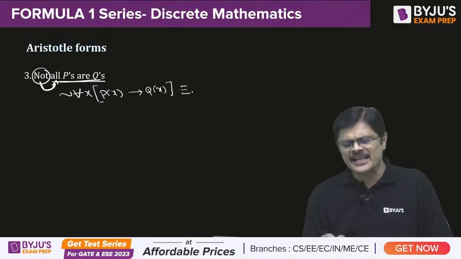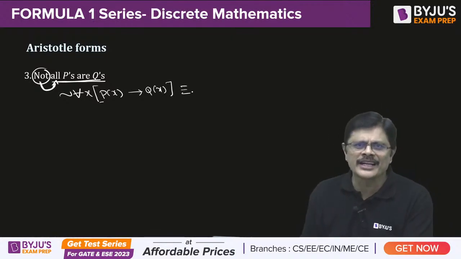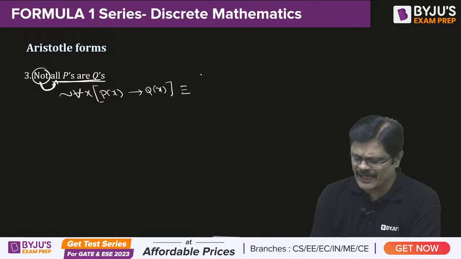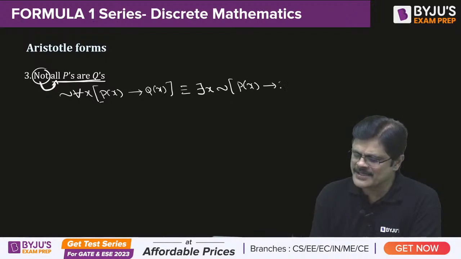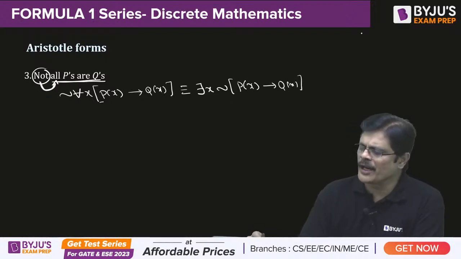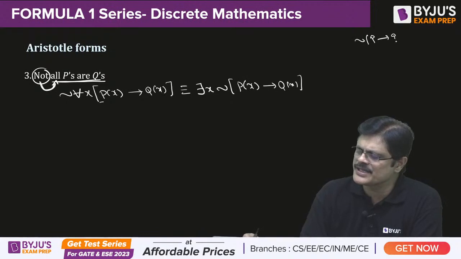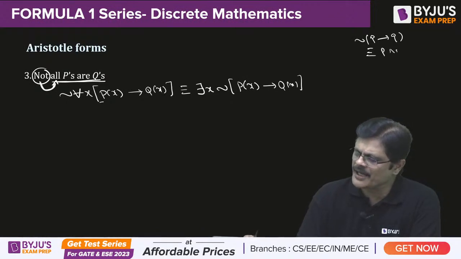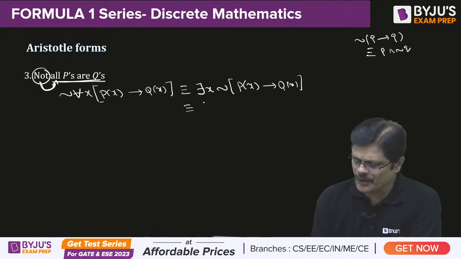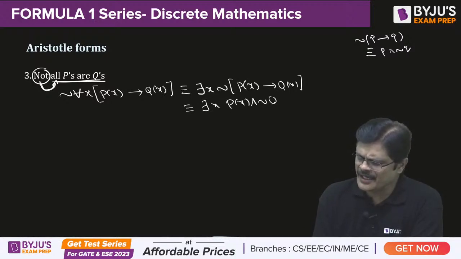Now you can take the negation inside, as I already explained for negating a quantified predicate. For all changes to there exists, and it becomes negation of Px implies Qx. I told you already that the negation of P implies Q is equivalent to P and negation Q. So you get there exists x, Px and negation Qx.